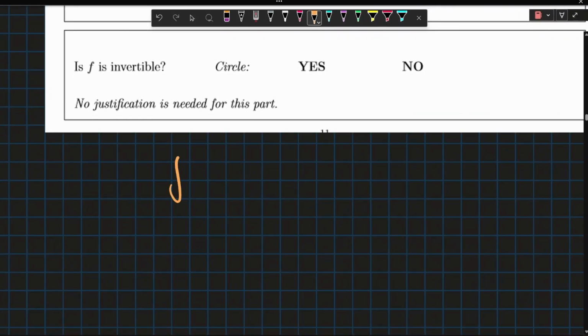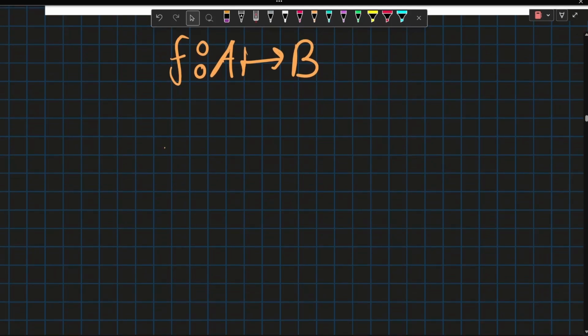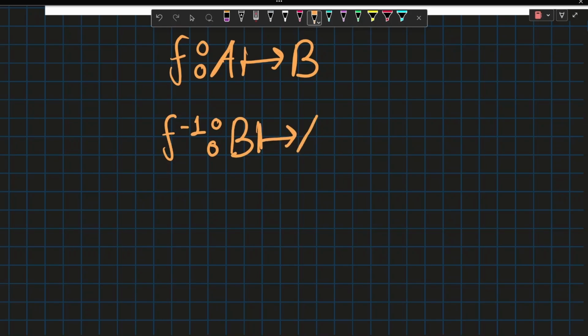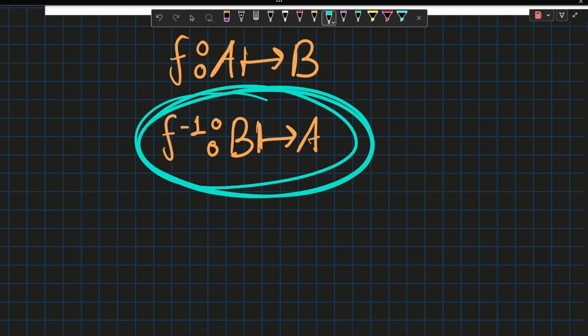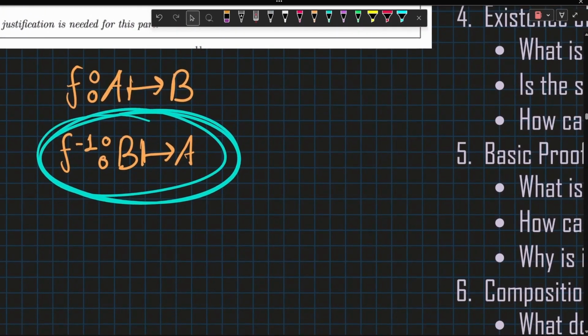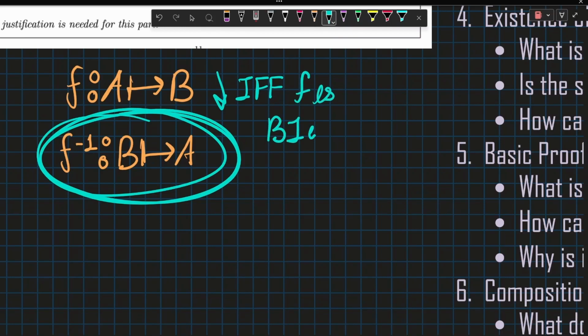Invertibility means that a function f that maps from a to b must have a counterpart f inverse such that it maps b to a, okay? But this other counterpart, this little twin of theirs, exists if and only if f is what we call bijective, okay?